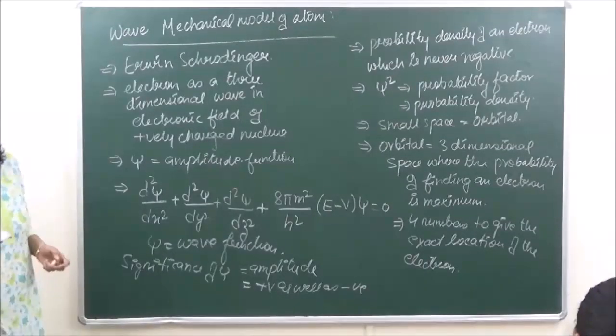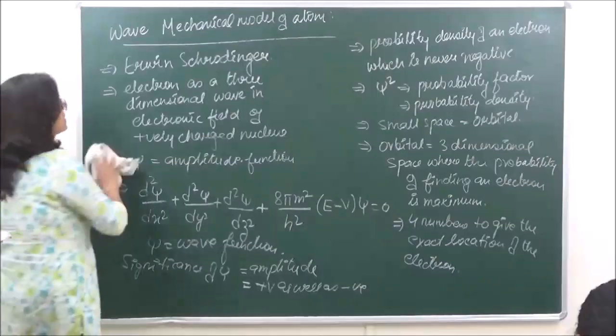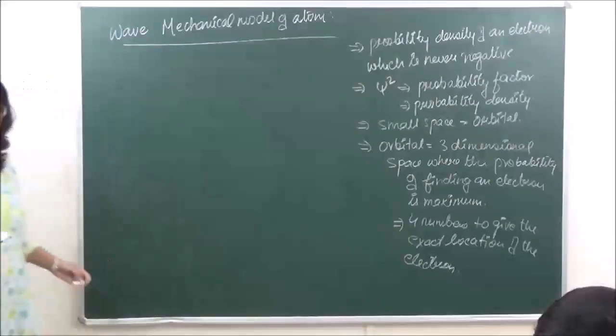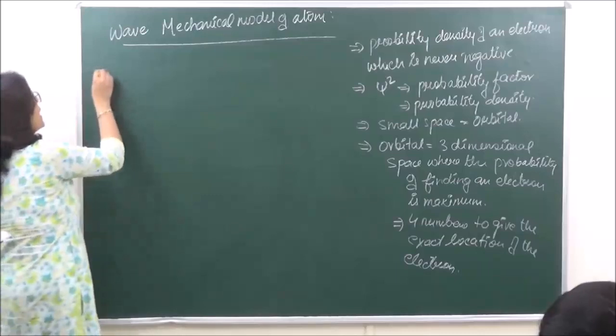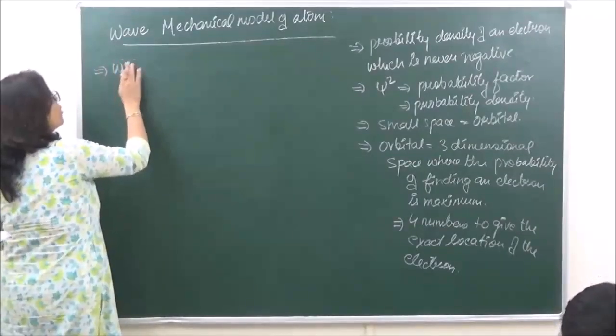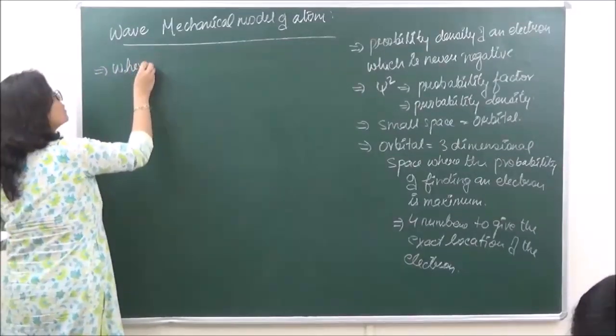Okay. Also, there were certain spaces where the probability of finding an electron was 0.